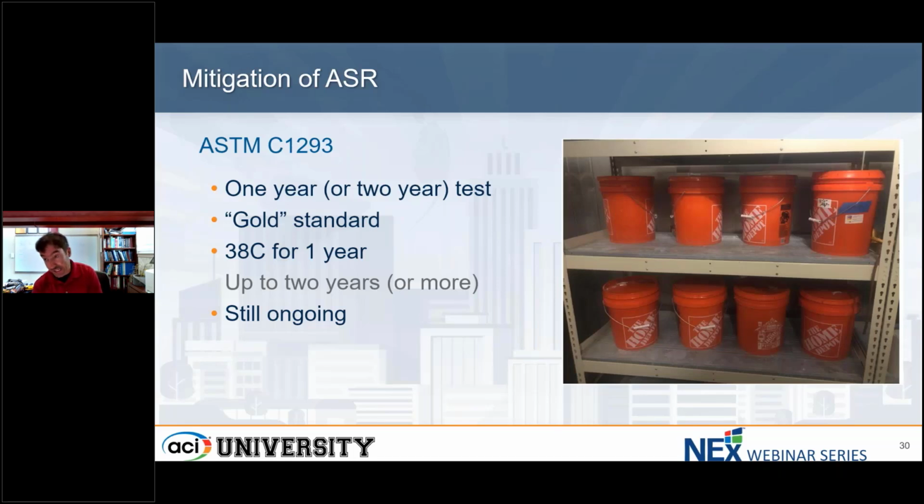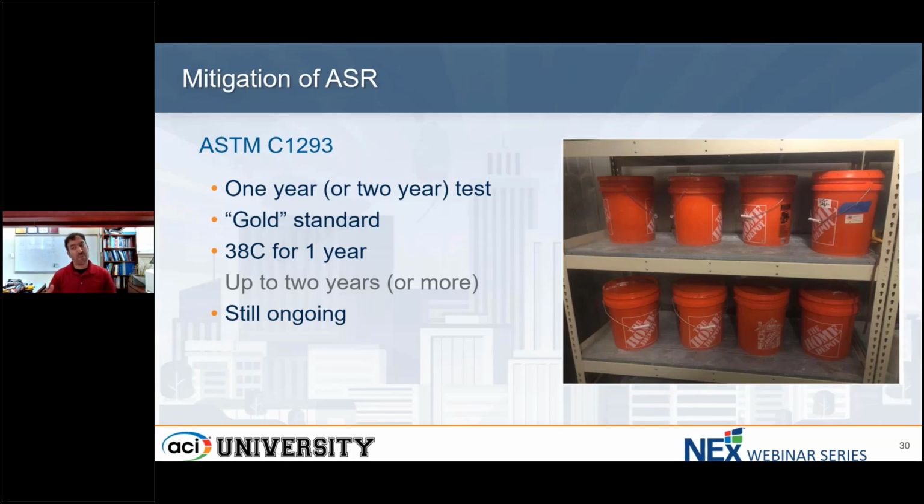And then, because we have to have a gold standard here, we have the 1293 test that we're doing. This is a minimum 1-year test. Can be run up to 2 years. Honestly, you could let it run for multiple years after that. There's nothing that says you can't.